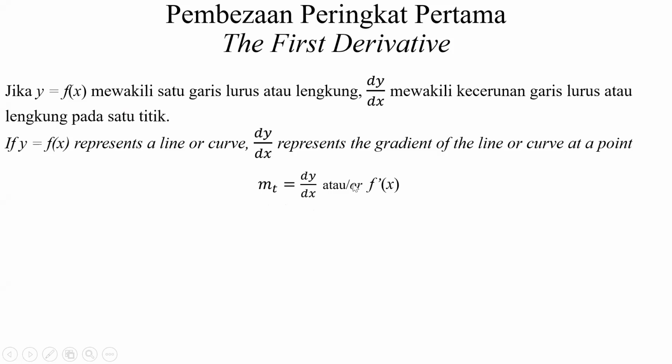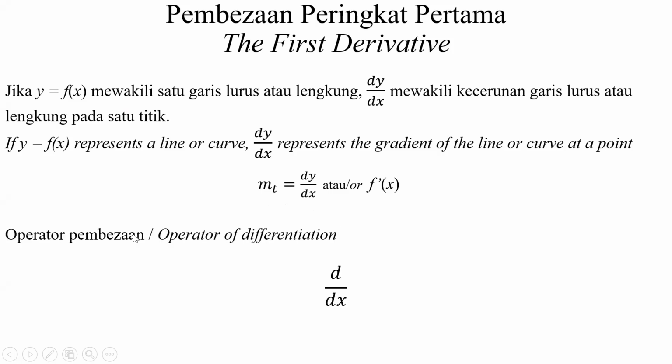Another way to write the differentiation notation is f prime of x. Or the operator of differentiation, the symbol to indicate that we execute the operation of differentiation, is d by dx. Where does the y go? y is your subject, depending on what your y is. Remember, the differentiation operator is actually d by dx.